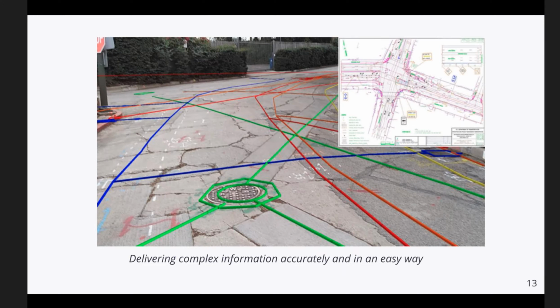Trimble SiteVision helps to deliver complex information accurately and in an easy way. Here, you can see a complex 2D plan of underground utilities delivered through SiteVision. Imagine being able to see where pipes exist underneath the road before you break ground.